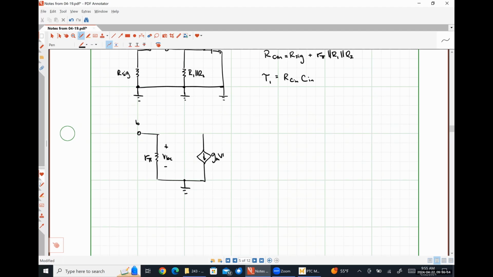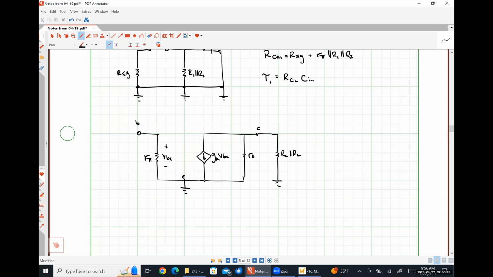Here's gm VBE in parallel with R naught. Here's our collector node. And then between the collector and our AC ground, we have RC in parallel with RL. So can we agree that this is what we would see small signal looking into the base?